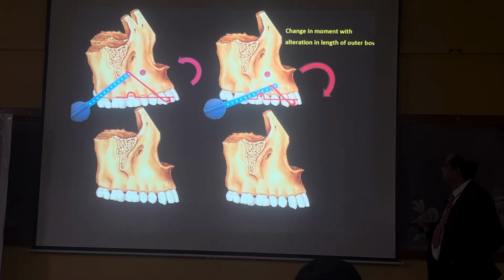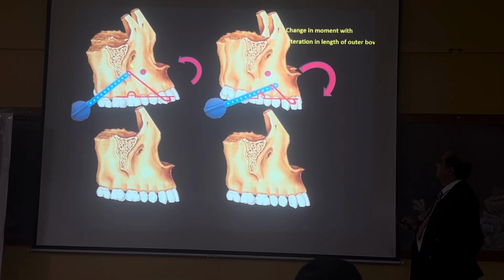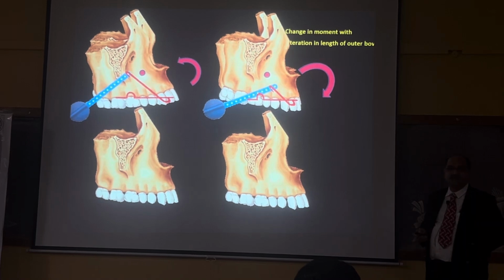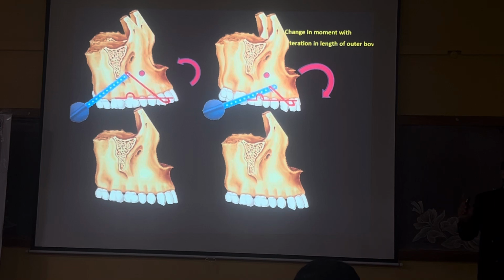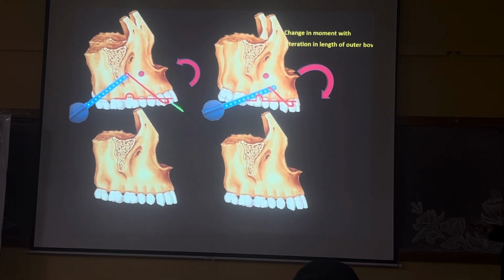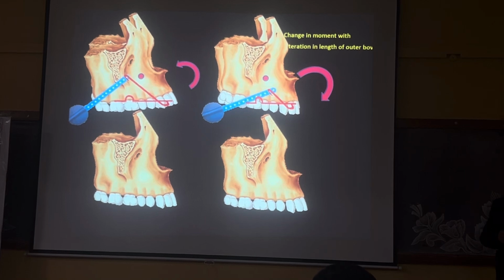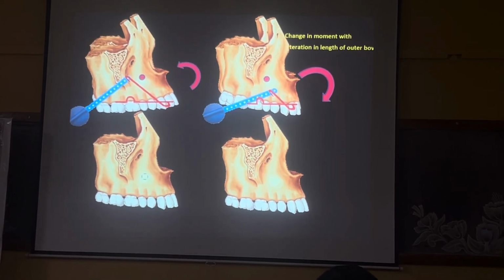Look at this, the length is altered. Here it is going above the center of resistance, here it is going below the center of resistance. Same direction, I have only altered the length. But look at what is happening to the moment. Totally different. Here it is anti-clockwise, here it is clockwise.